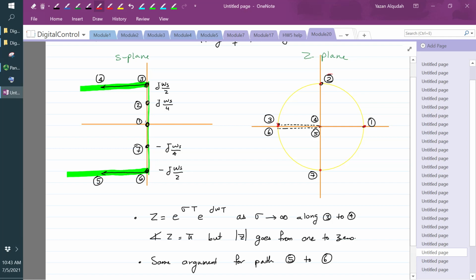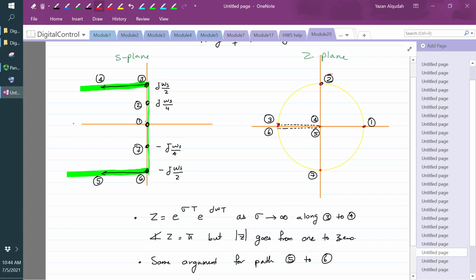Again, z equals e to sigma t multiplied by e to j omega t. As sigma goes to negative infinity along 3 to 4, the phase is equal to pi, but the magnitude of z goes from 1 to 0 because sigma is a negative value.